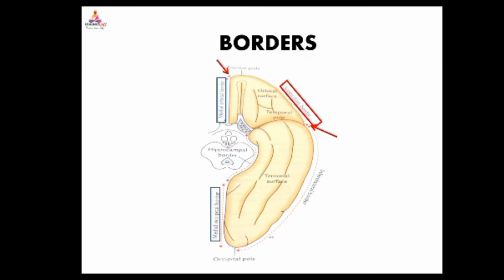Next is the superciliary border. It is at the junction of the superolateral and orbital surfaces. It lies just behind the superciliary arch, hence its name. Strictly speaking, it is the orbital part of the infralateral border.